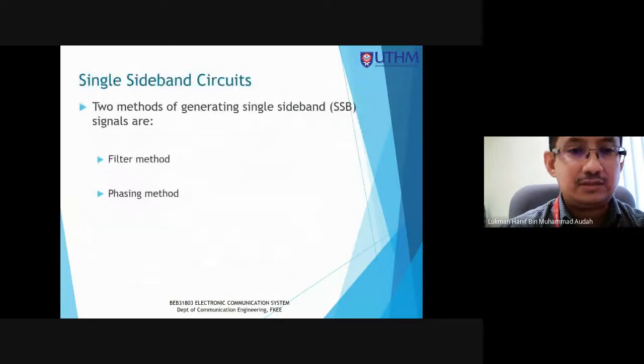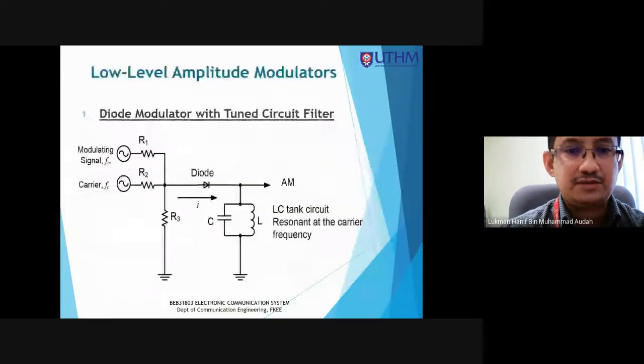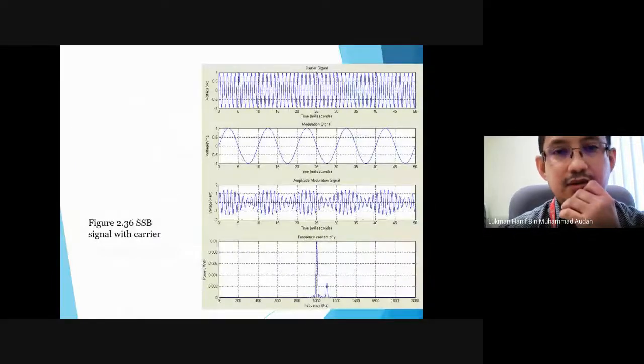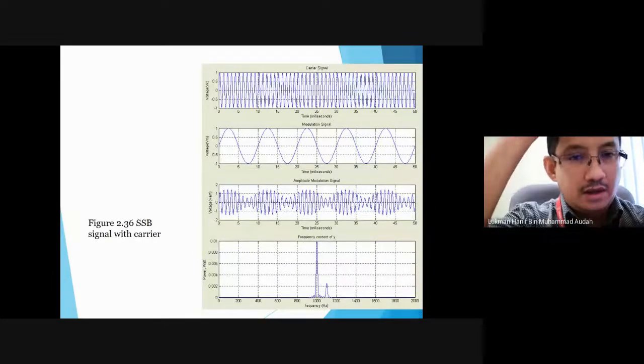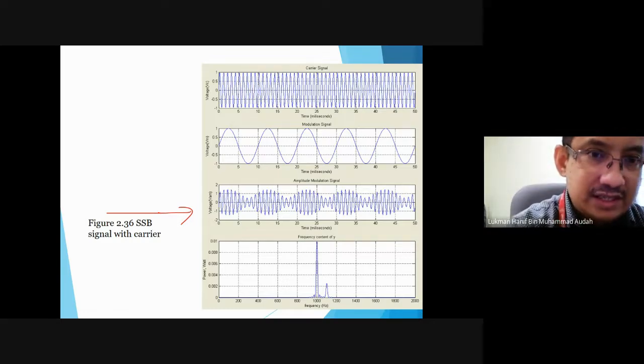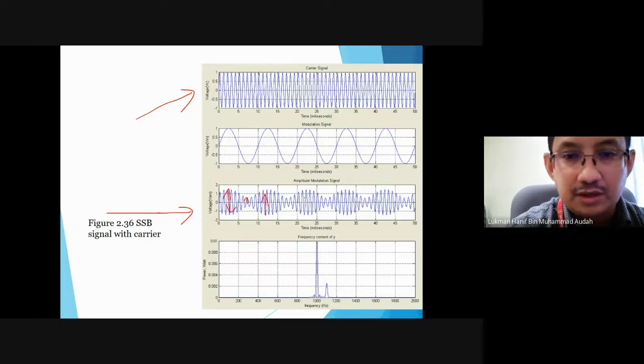Kalau you lihat gambar rajah AM, nilai amplitude carrier asalnya yang A ni, dia jadi tinggi rendah, naik turun seperti ini.